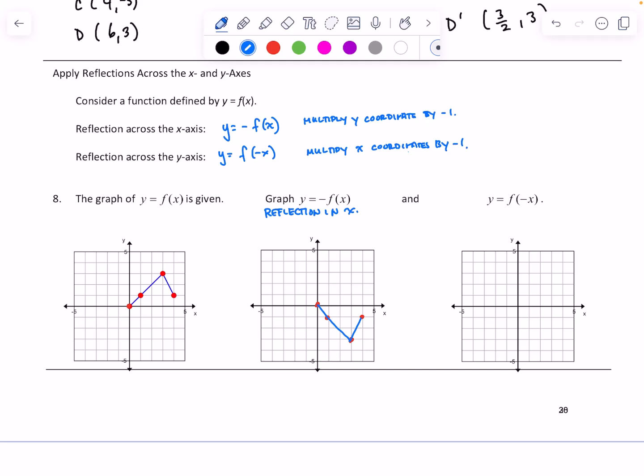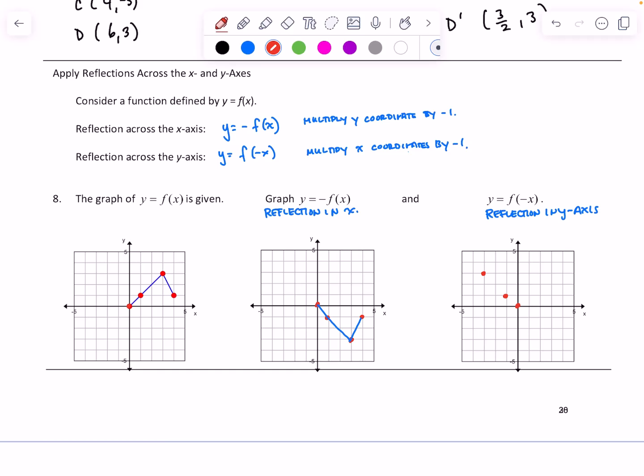Over here, y equals f of -x. That is going to be a reflection in the y-axis. So now all of our y values are going to stay the same, so we're going to stay above the x-axis as in the original picture, but now we're going to flip to the left side of the graph. Again, that first point at the origin stays there. The point 1, 1 becomes the point negative 1, 1. The point 3, 3 becomes the point negative 3, 3.